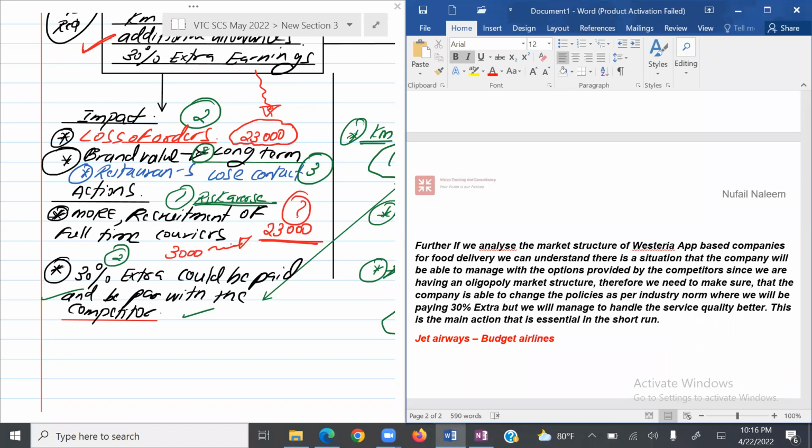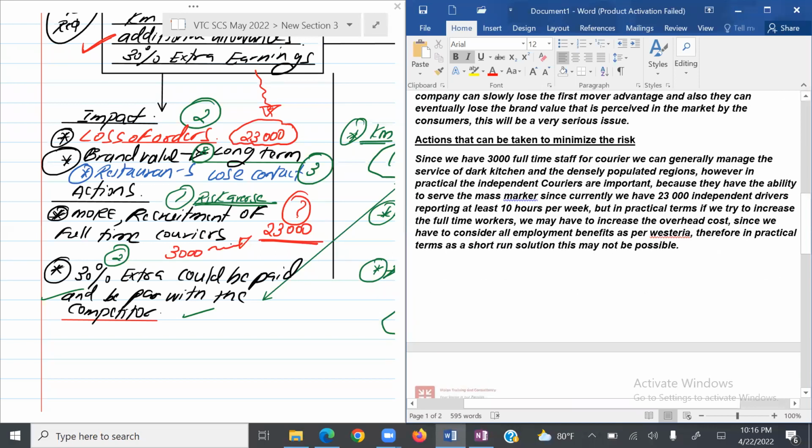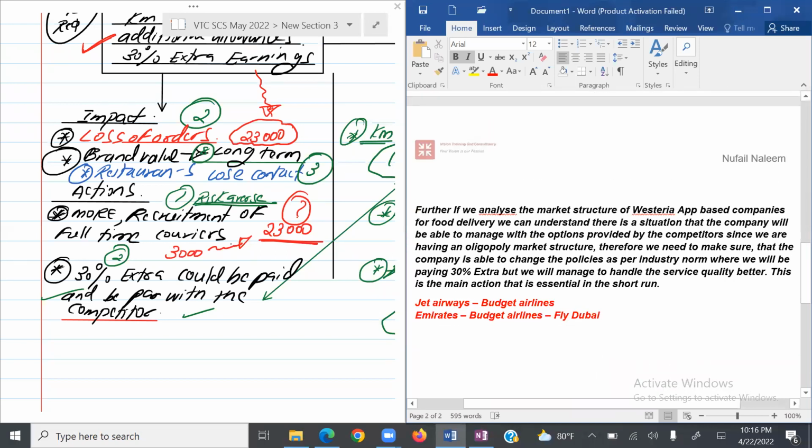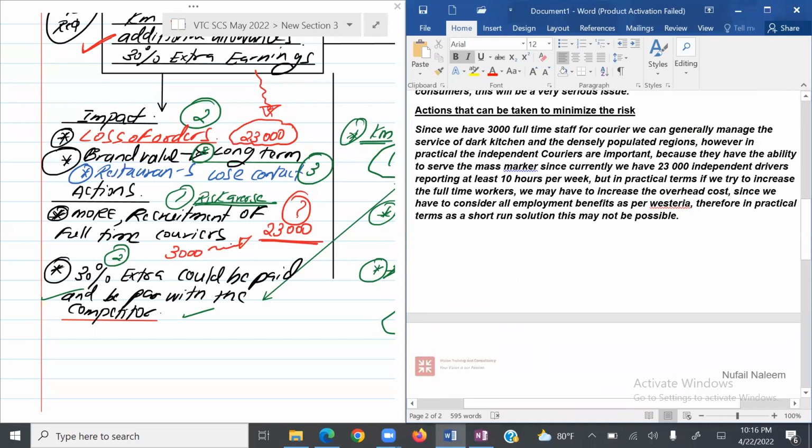But Emirates understood there is a budget airlines market coming, and they were very diplomatic. They formed their own budget airline called Fly Dubai, a subsidiary of Emirates. So if you are in a market where the competition is very high, it's better to go with that, because at least we will have control over the market.